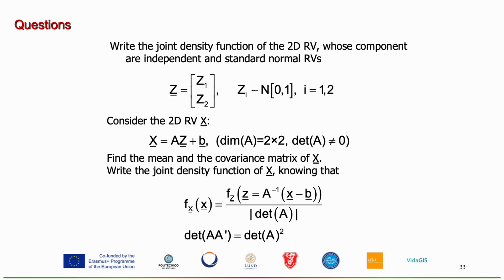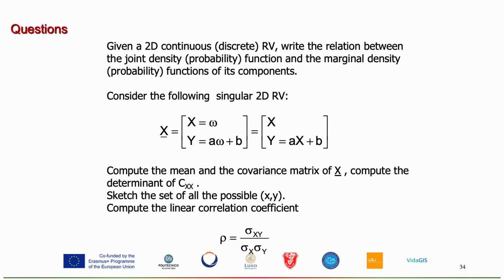Then, given a two-dimensional discrete random variable, write the relation between the joint density function, or the probability, because it is a discrete variable, and the marginal density or probability of its components.